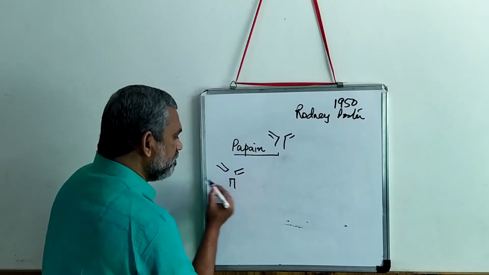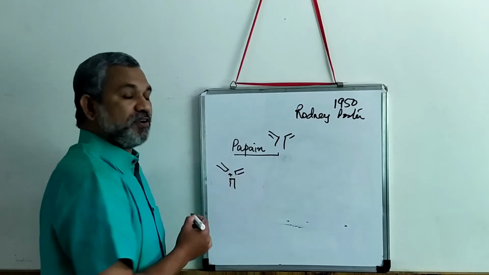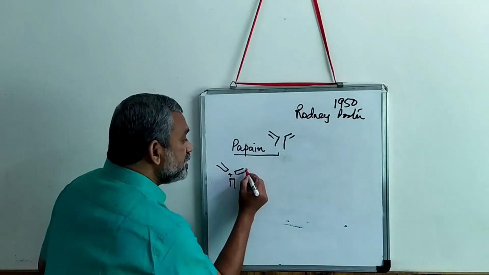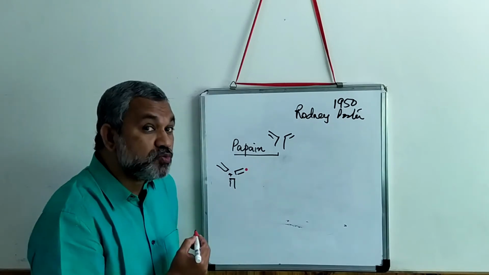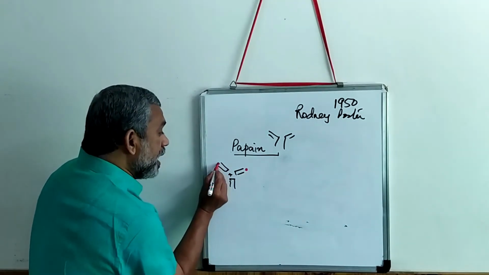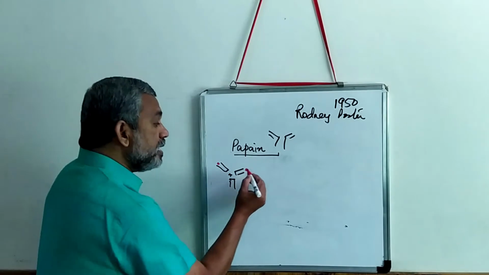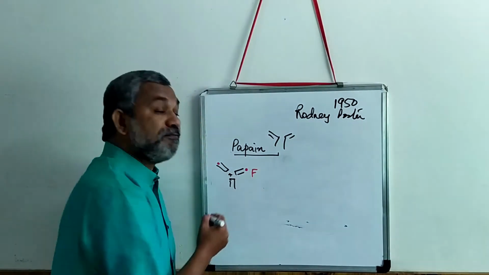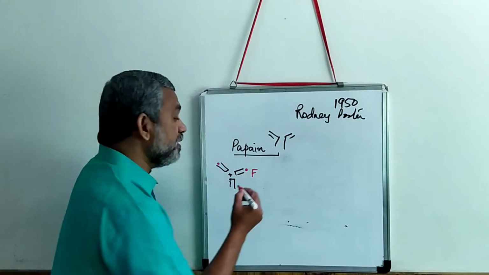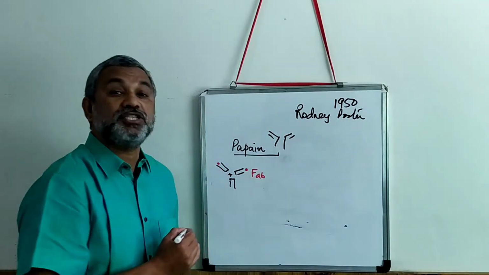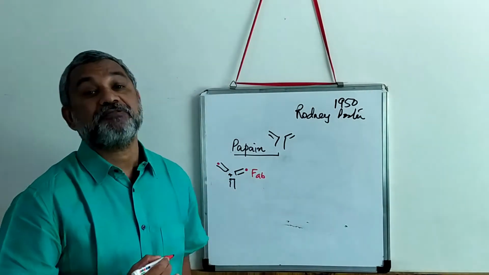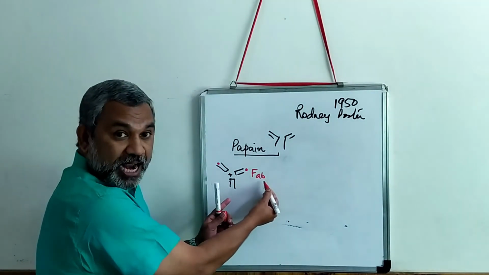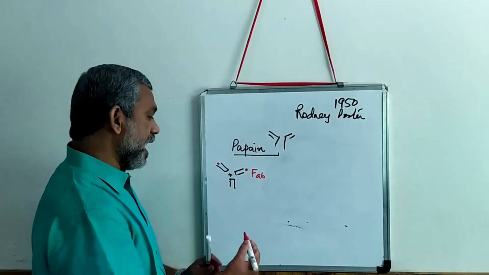They are linked by disulfide bonds. This is the region which is capable of binding to the antigen, and since it can bind with the antigen, he called it the fraction which is capable of binding to antigens. He called it the FAB region, the fraction of the antibody which can bind with the antigen.